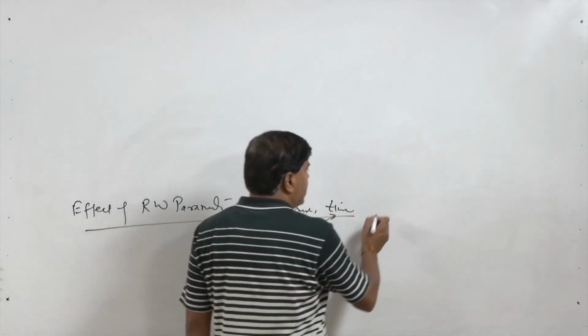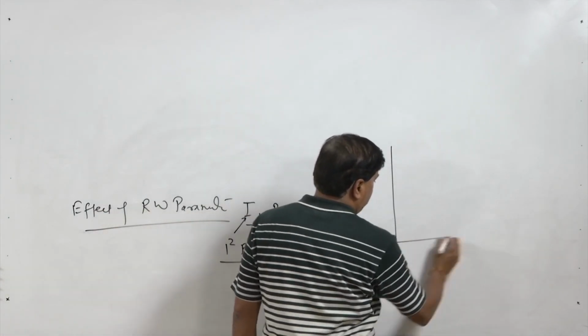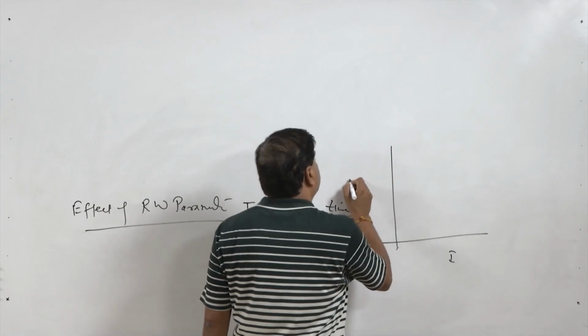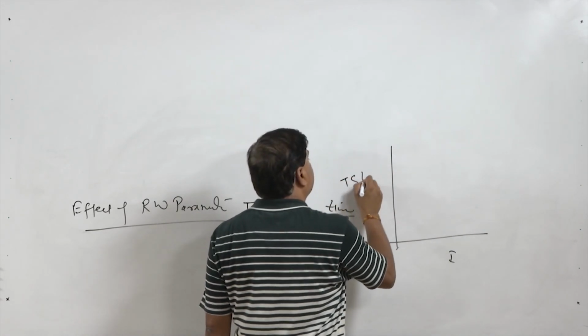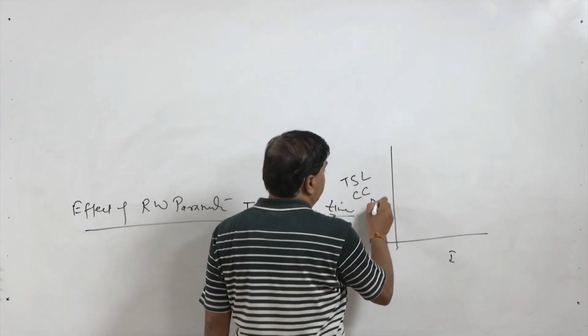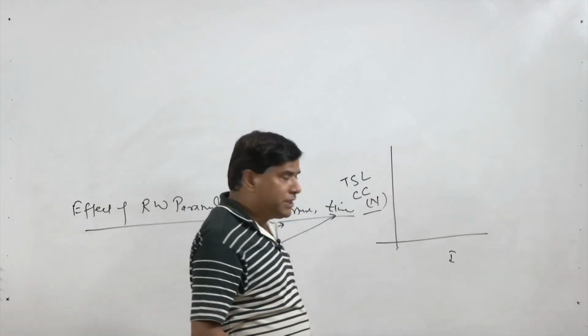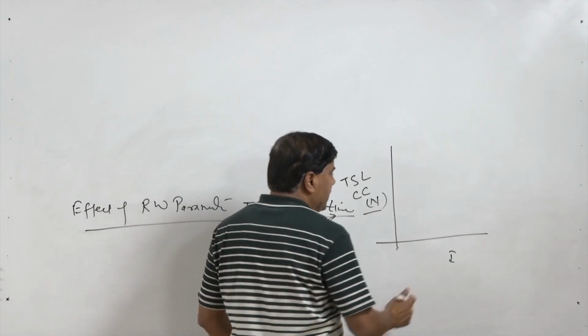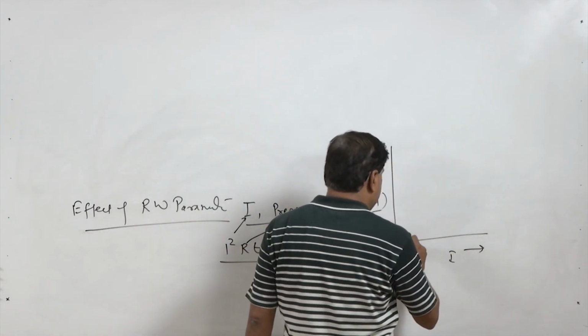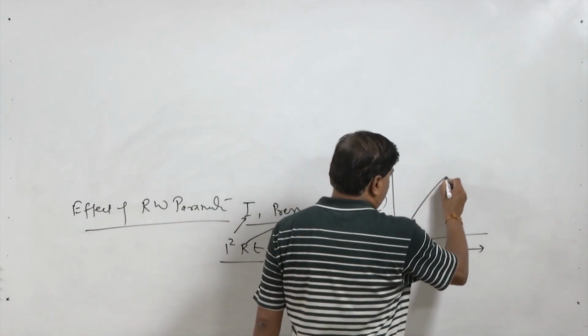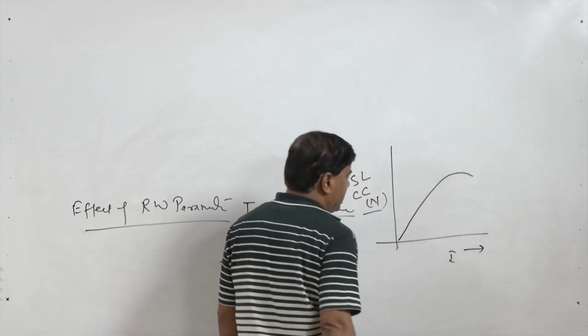So, now we will see that when the current is increased, the tensile shear load carrying capacity in kilonewton increases with the increase in current, and then it starts decreasing after reaching the maximum.